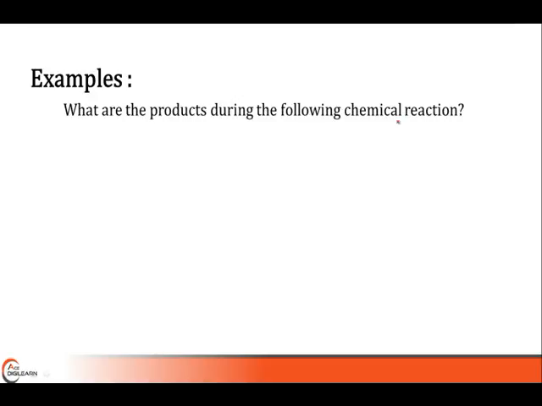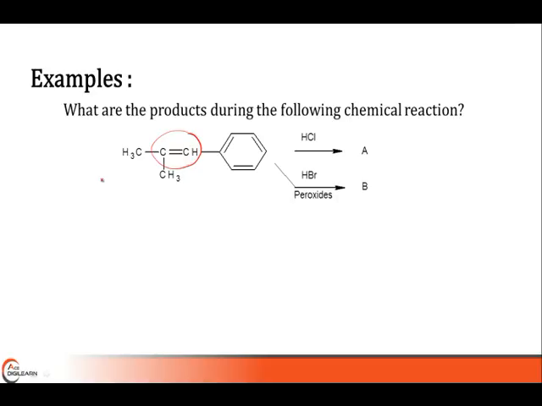We'll take an example. What would be the product for the following chemical reaction? The first reaction is direct addition of HCl and the second reaction is addition of HBr in the presence of peroxides. The double bond is over here. It does not happen across the benzene ring, since the benzene ring is stable.